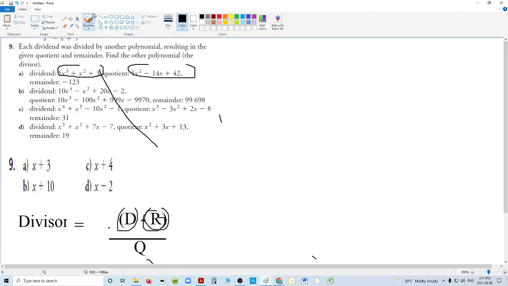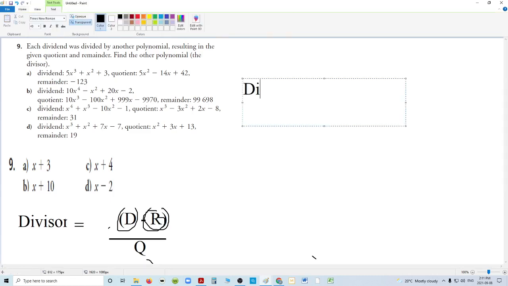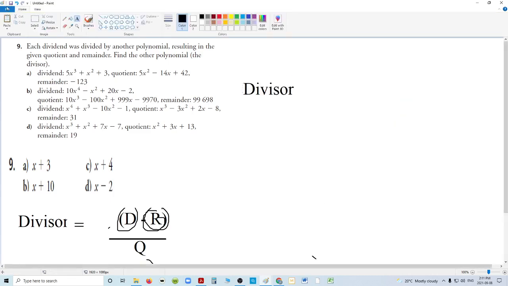What they're looking for is what number, so they're not giving us a term, rather. What divisor can divide into this dividend, produce this quotient, with this remainder.